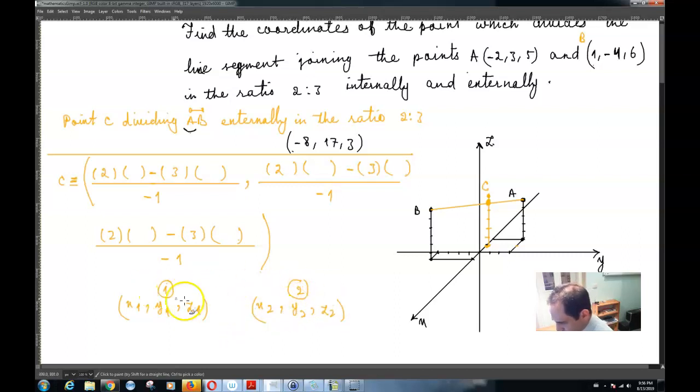Which point you regard as point 1 and which as point 2 depends on the instruction that you either take from someone or give to yourself to solve a problem. When you say the point C is dividing the line segment AB, since A comes first, you take the point A as point 1 and take point B as point 2.